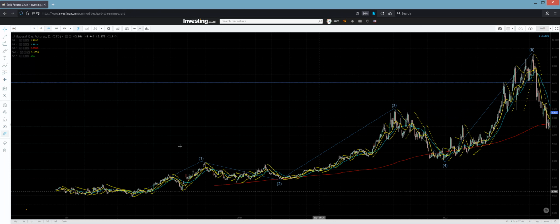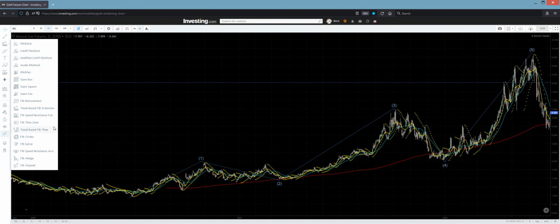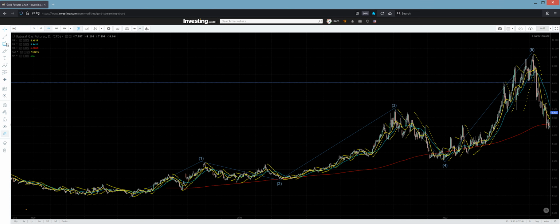So now we get out our 3-point Fibonacci tool, the trend-based Fib extension tool. We're going to find the bottom here of wave 1, which is 1.432, and go to the next little high.